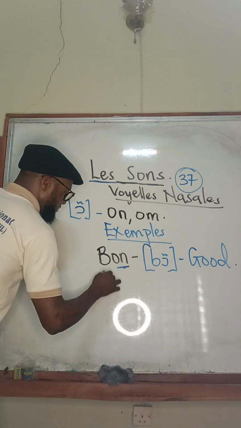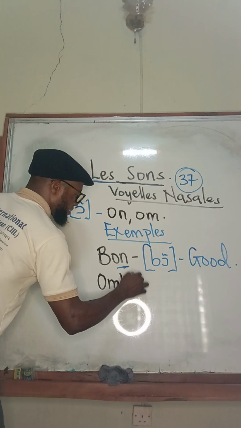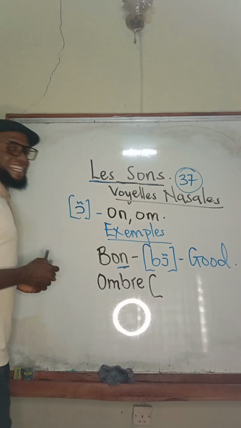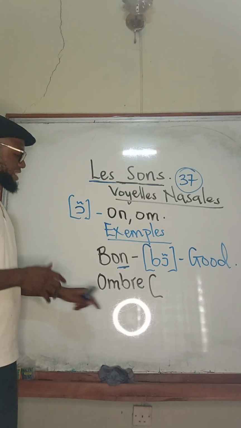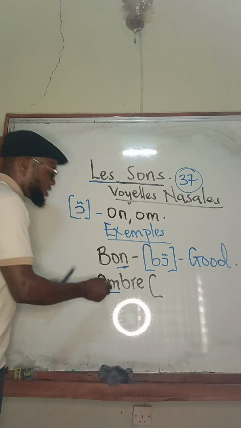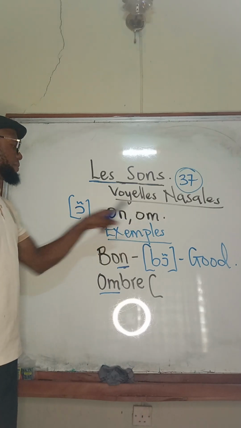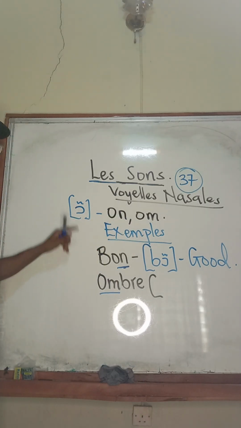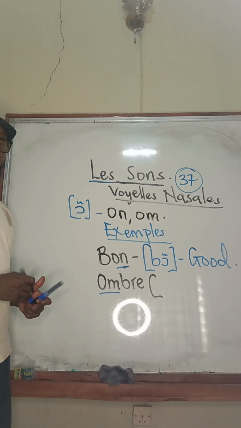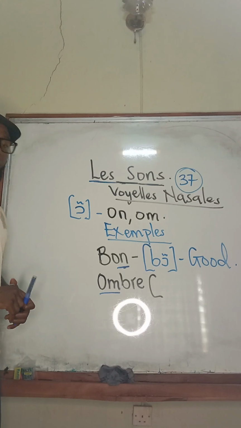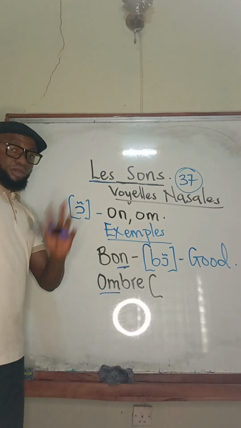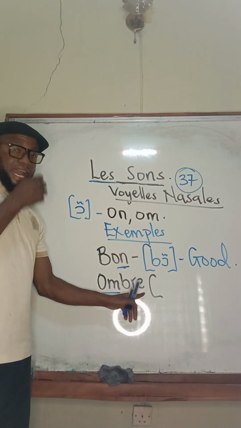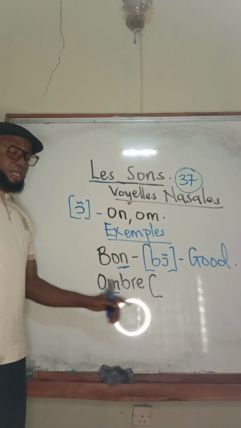O-M. Look at O-M. And they say when you see O-M, you pronounce it like this. Can you now try this? Ham. Look at the E. Remember I told you, once the E ends the word like this, you pronounce the consonant.